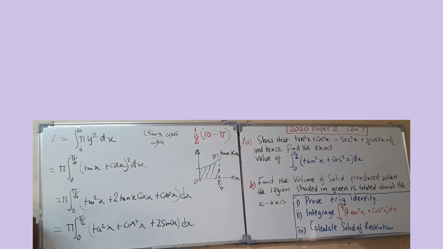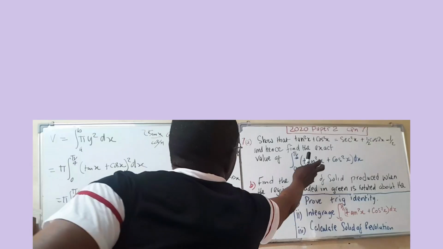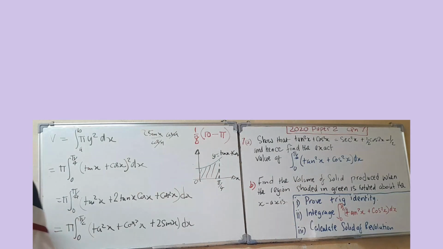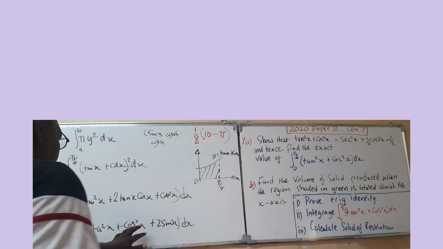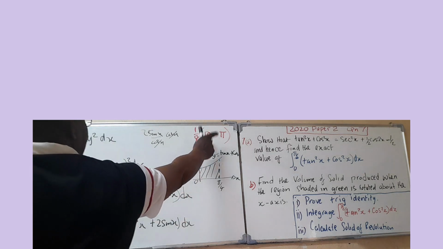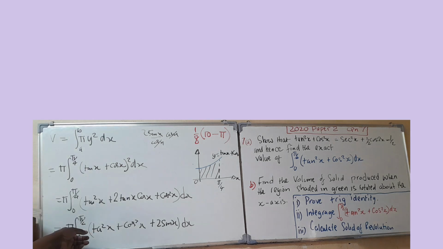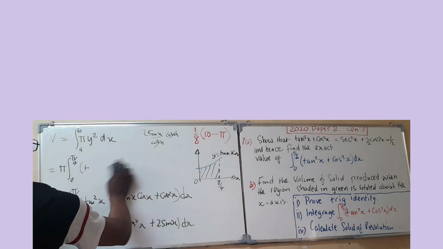But wait a minute, this here is what we just calculated here. So instead of all this, we can just put that and multiply it by pi, because everybody is multiplied by pi here.